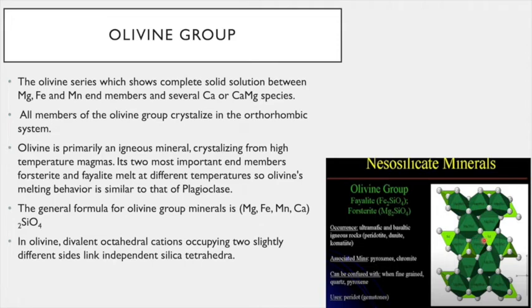So you can see here these are independent silica tetrahedra in the bright green color, while this dark green divalent octahedral represents magnesium, iron. They are connected with each other and these are the oxygen atoms.